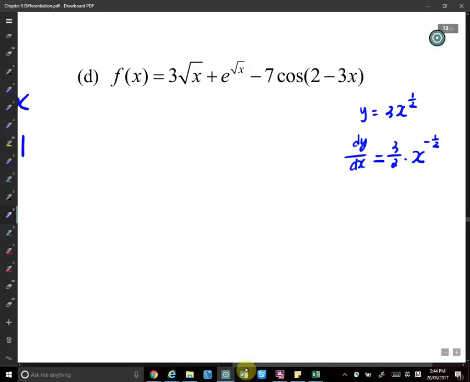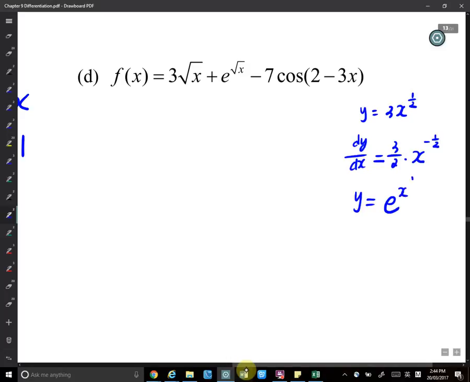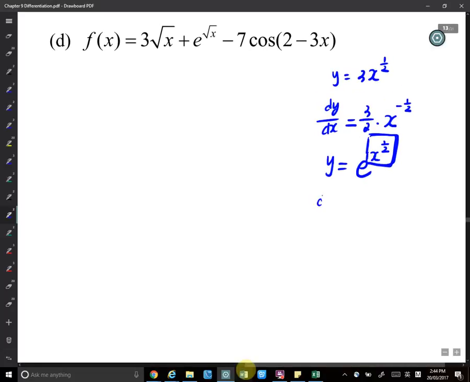Okay, the next one, y equals e to the power of square root x. Square root x is x to the power of a half. This is your g(x), that whole thing is on the power. So what is the derivative for that? What's the derivative for x to the power of a half?